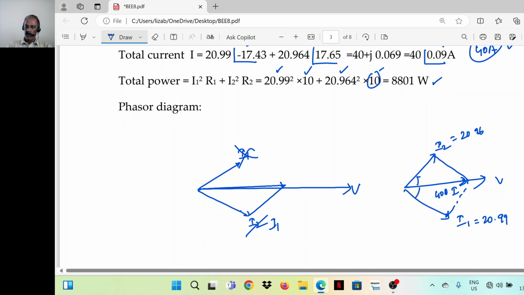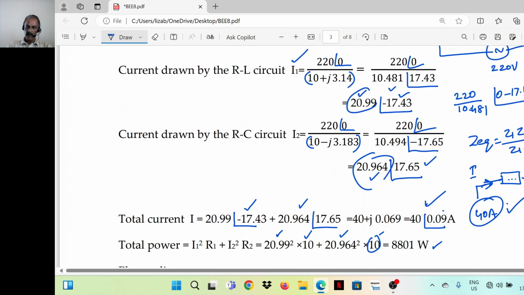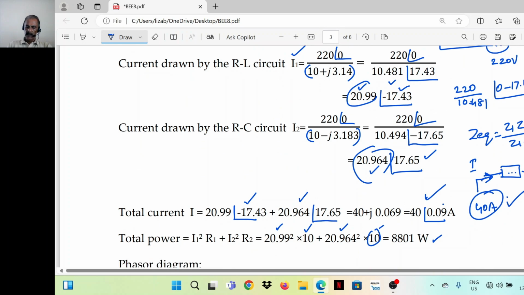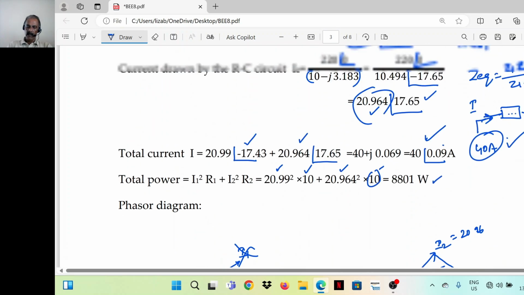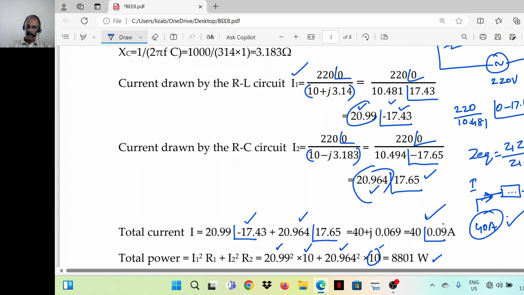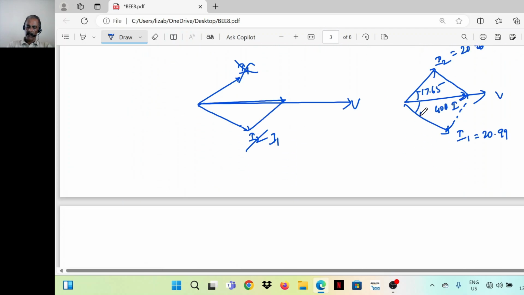So the I2 angle is 17.65 and the I1 angle is minus 17.43. So almost equal. So that is the phasor diagram of the circuit.